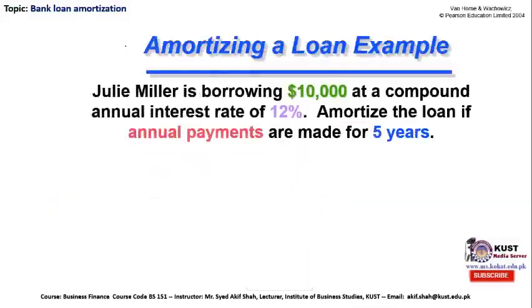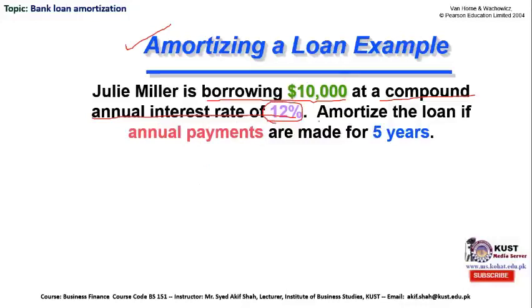Let's take an example to understand the loan amortization. Julie Miller is looking to borrow $10,000 at a compound annual interest rate of 12% from a bank. Maybe it is not written, but let's assume that she is going to borrow $10,000 from a bank, which is going to charge her a 12% compound annual interest rate.